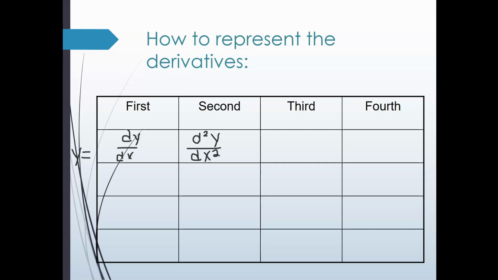So it means the second derivative, that's where the 2 up top comes from, with respect to variable x twice. So d²y/dx². So what do you think the third looks like? Over. Good. And then the fourth. Perfect.